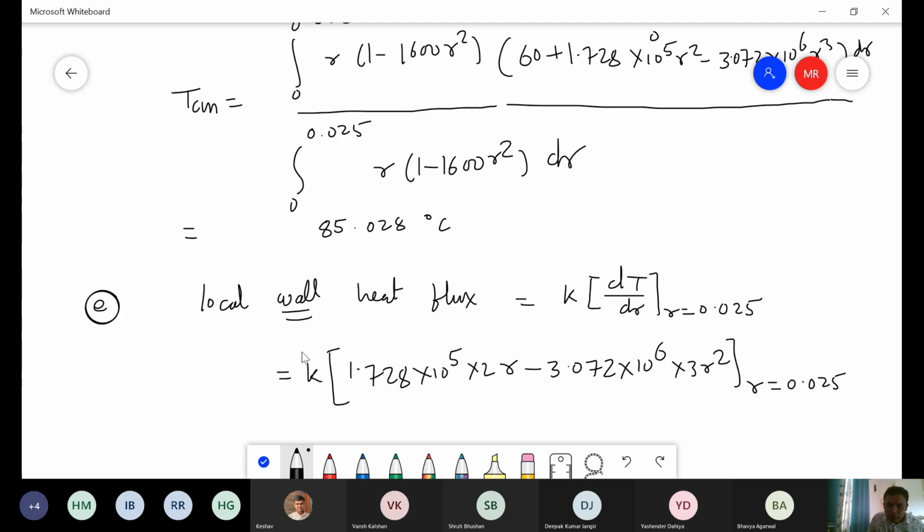Okay, so put the values here. K is also given as 0.138, if I'm not wrong. Yes, 0.138. So put the values here and find out the local wall heat flux.